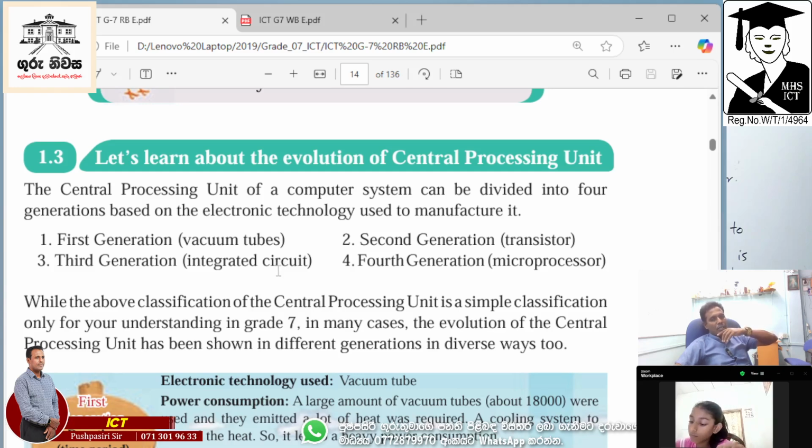The fourth one, fourth generation, again within bracket, microprocessor. Micro, processor, microprocessor. Clear? Understood? So these are the four parts that we have to discuss.